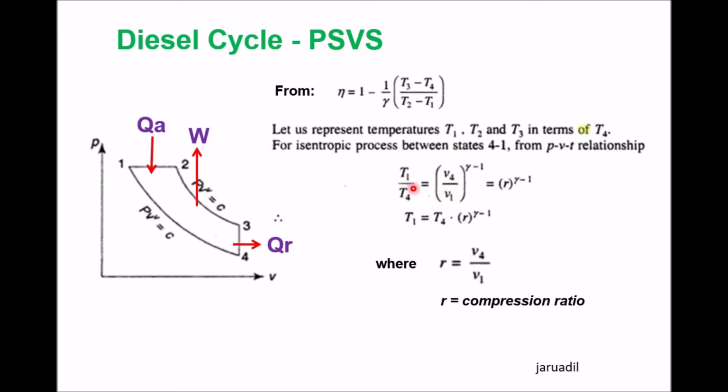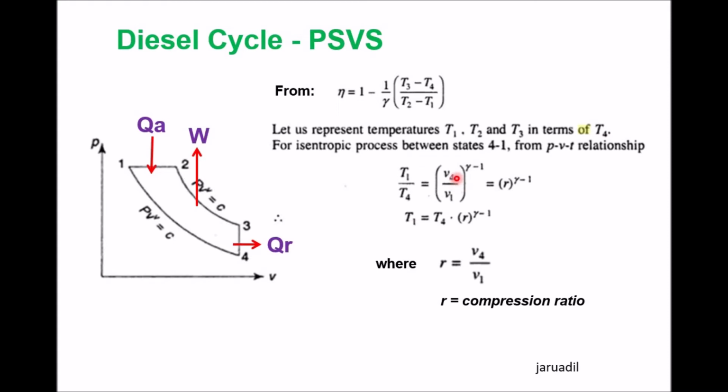By simplifying, that means T1 V1 raised to gamma minus 1 is equal to T4 V4 raised to gamma minus 1. Simplifying the equation, we have T1 over T4 equal to the quantity V4 over V1 raised to gamma minus 1.